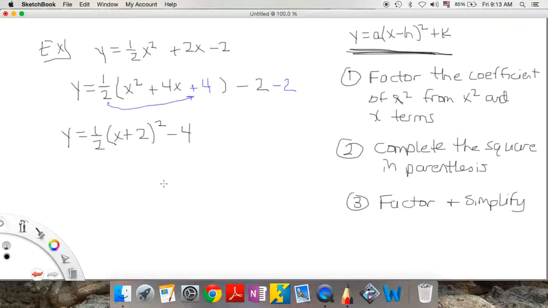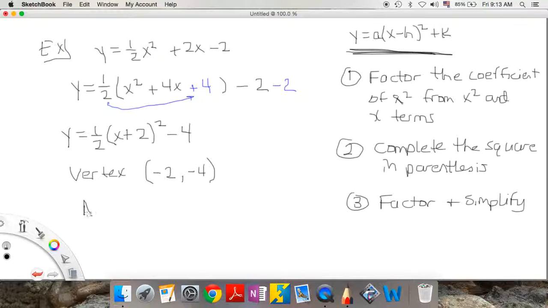So now I've got this neat little equation. So I know that my vertex is at, well, x minus what? What's my h? -2, because x minus -2 would give me this plus sign here. And then plus k, well, what's my k then? My k is -4.